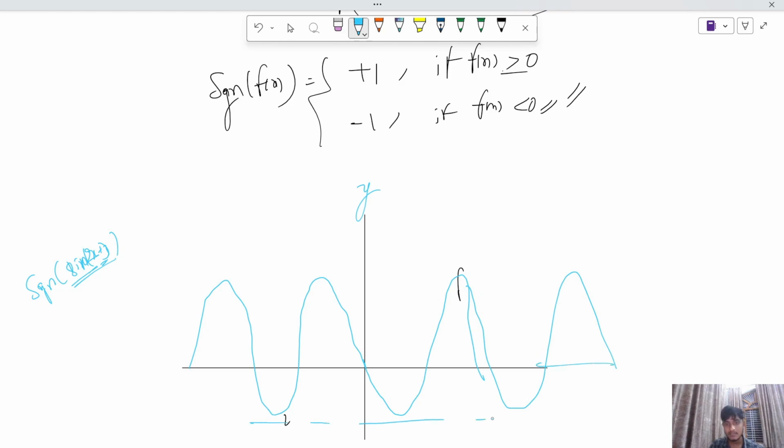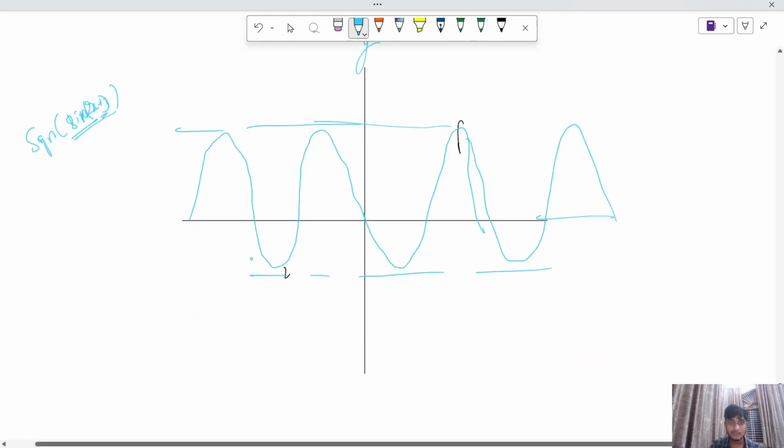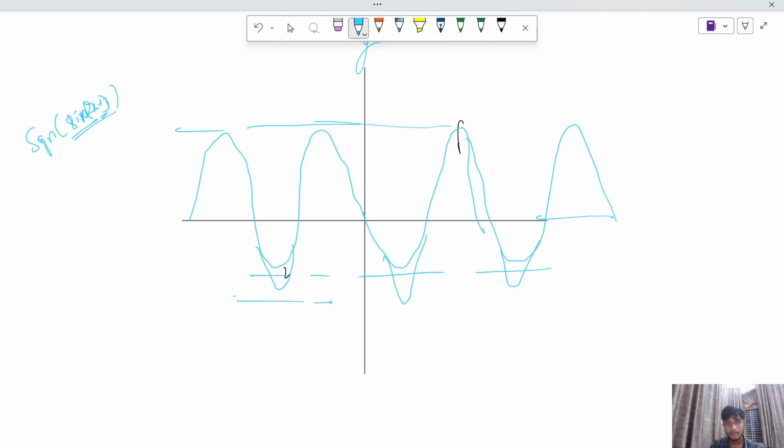Both will be the same height, so it will come out like this.